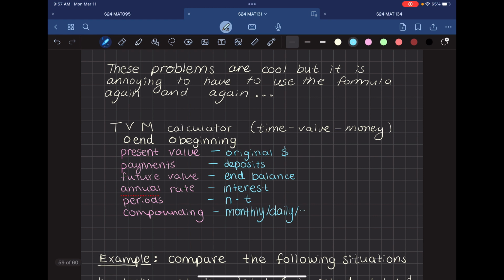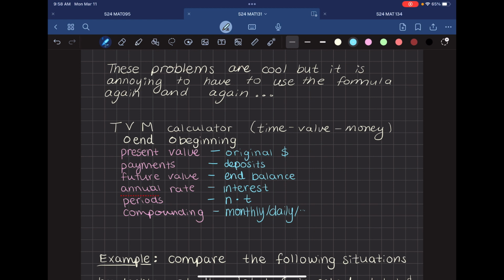Okay, so these problems are nice to test out different situations, especially for your financial planning. You definitely should plan out what you should be putting into your savings account.